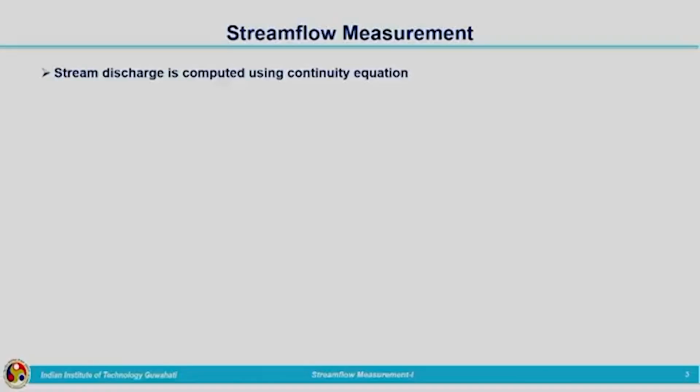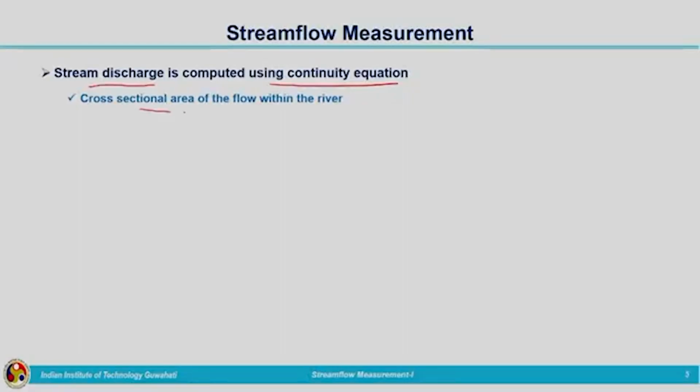After getting the stage at a particular location, how can we determine the stream discharge? That can be obtained by making use of the continuity equation. We are all very much familiar with the continuity equation. That continuity equation will be utilized for the stream discharge or stream flow calculation. For that, we need to have the cross sectional area of the flow within the river.